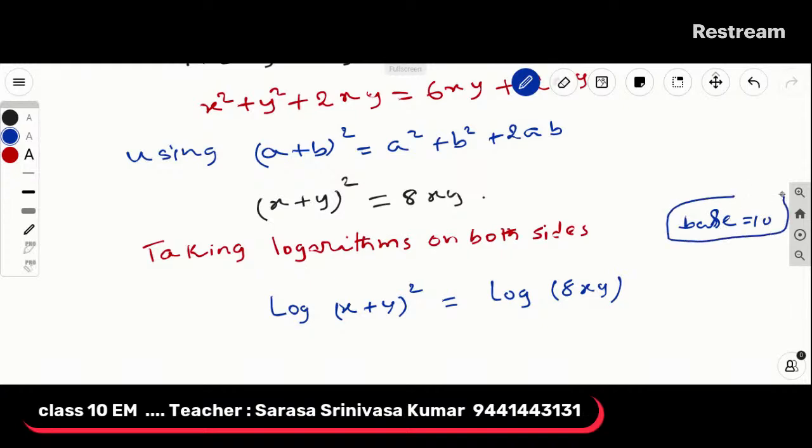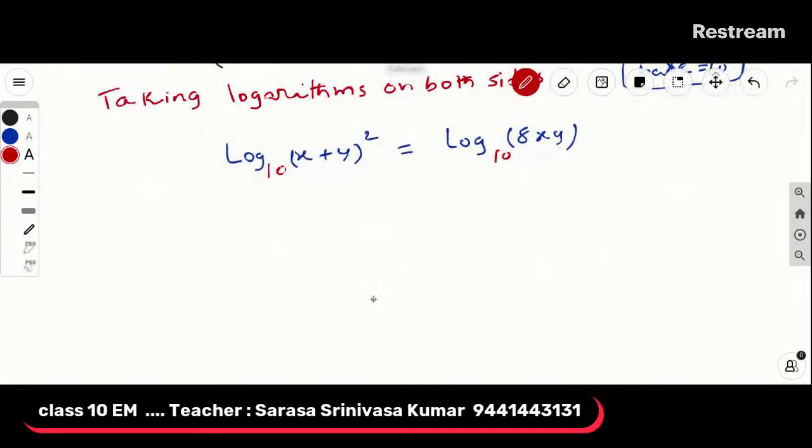So I write here log base 10. Now we use two formulae.